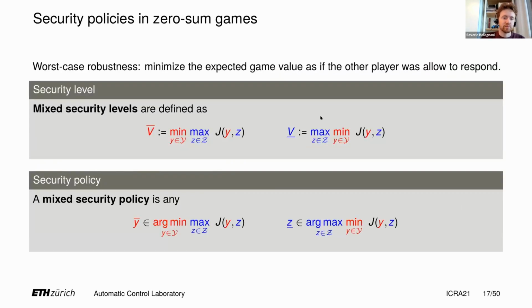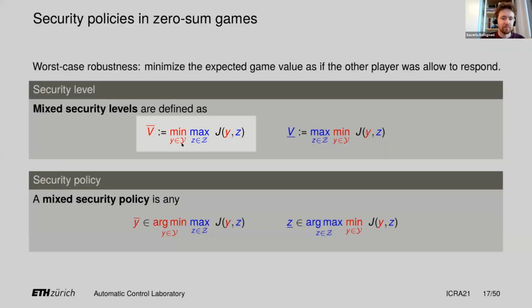So for zero-sum games, because we're talking about robustness, we can talk about the security levels, or in particular, the mixed security levels. High-level definition: these are the best things the agents can do, assuming that the other player is allowed to respond, right? So look at this one for player 1.